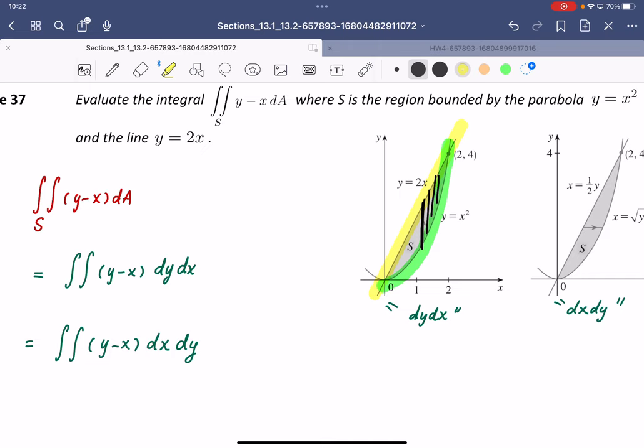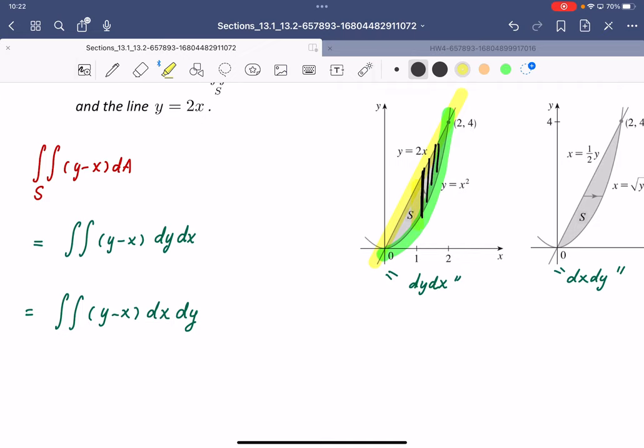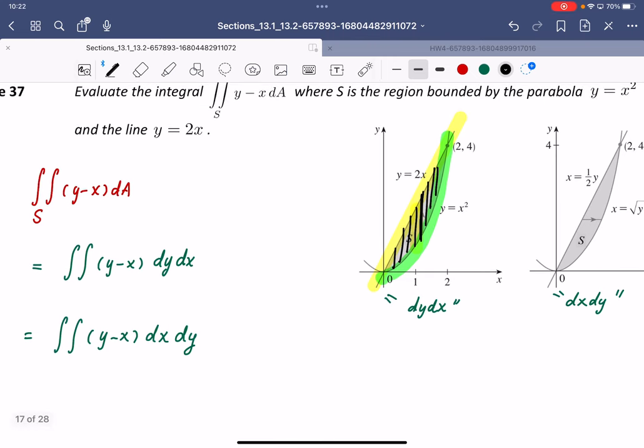The yellow one is always on the top and the green one is always on the bottom. Does it make sense? So you have y equals x squared on the bottom and y equals 2x on the top. This is how you set up.